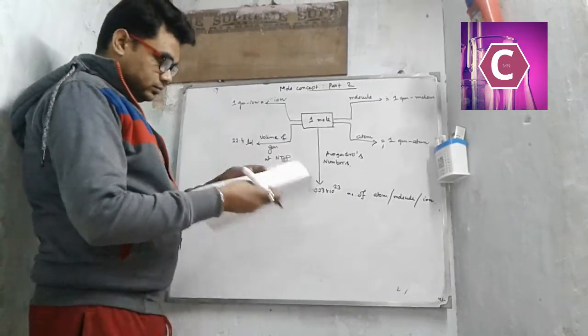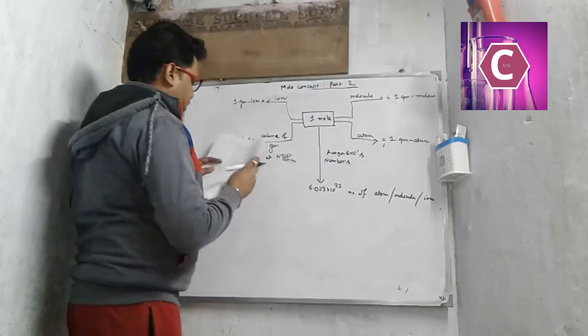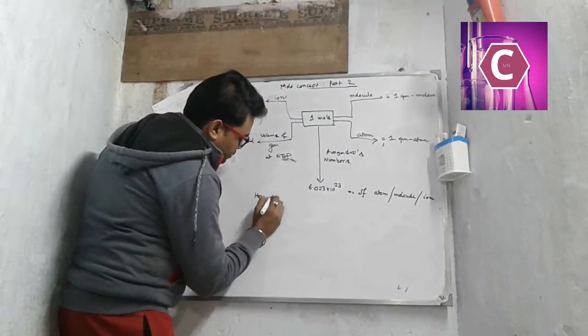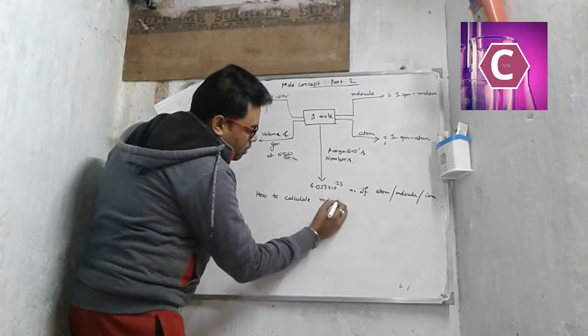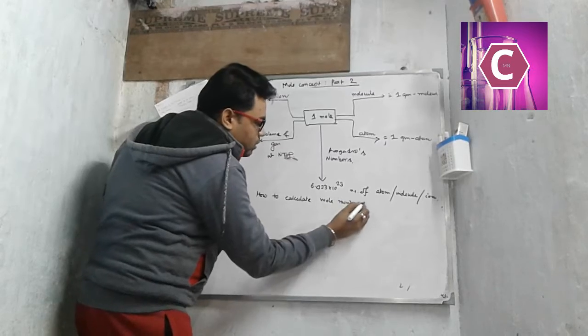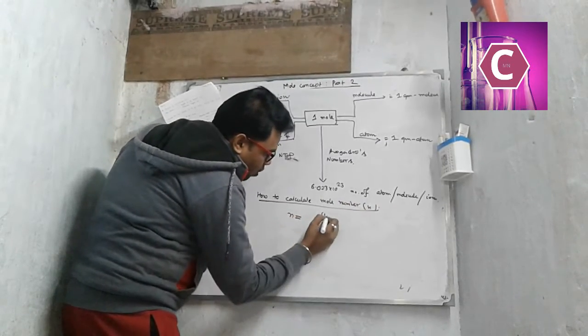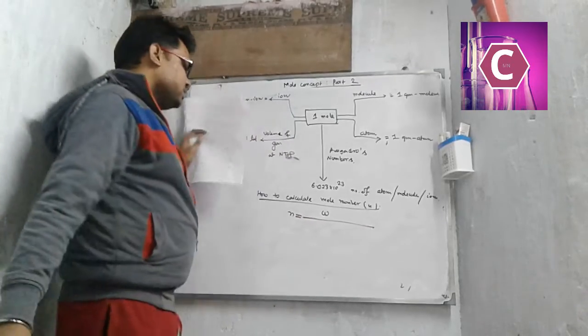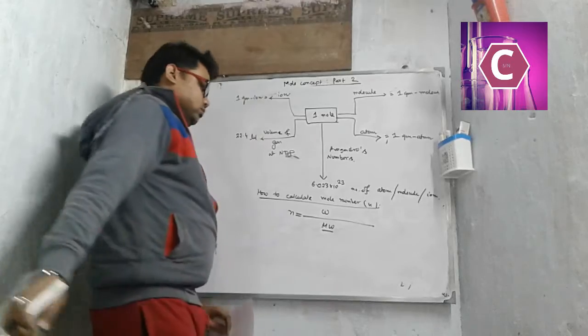Now, how to calculate mole number? What is mole number? It is represented as small n. Mole number is equal to the weight of the substance divided by the molecular weight of the substance.